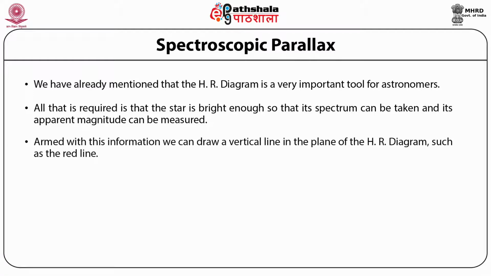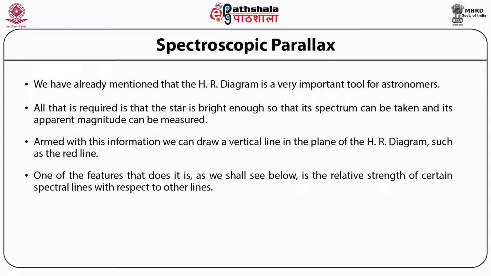Armed with this information, we can draw a vertical line in the plane of the HR diagram, such as the red line in the figure. We can see the figure on the next slide. Now we look for various features in the spectrum which give a clue to its luminosity class.